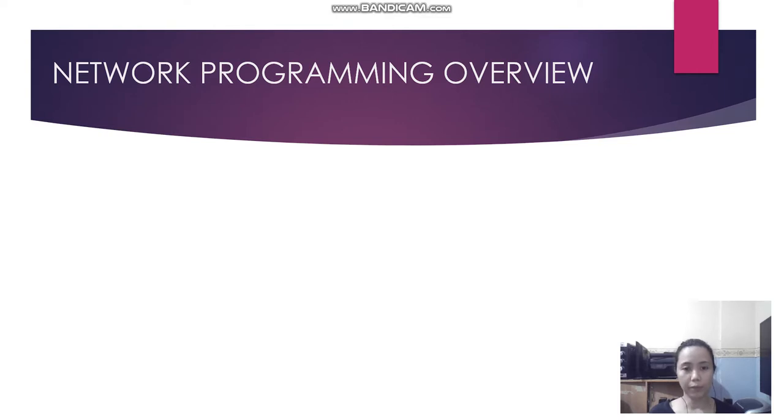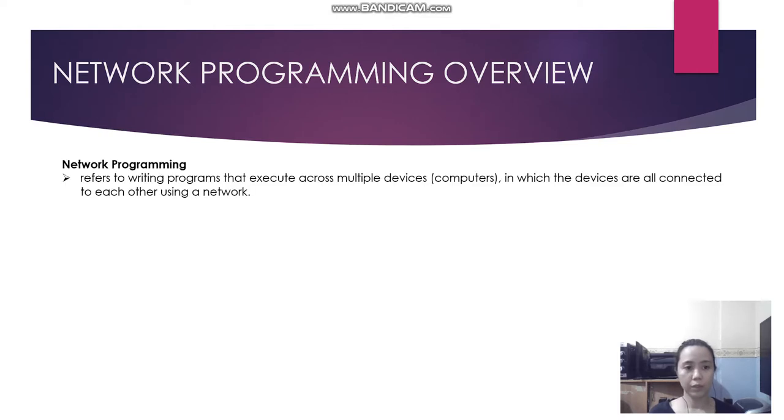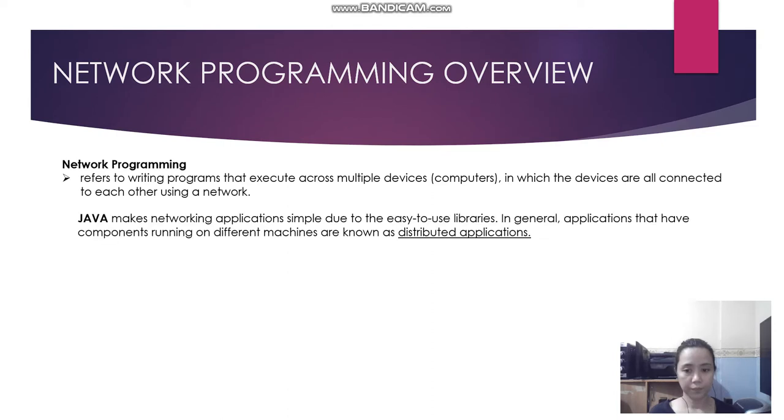The Network Programming Overview. It refers to writing programs that execute across multiple devices or computers, in which the devices are all connected to each other using a network. Java makes networking applications simple due to the easy-to-use libraries.